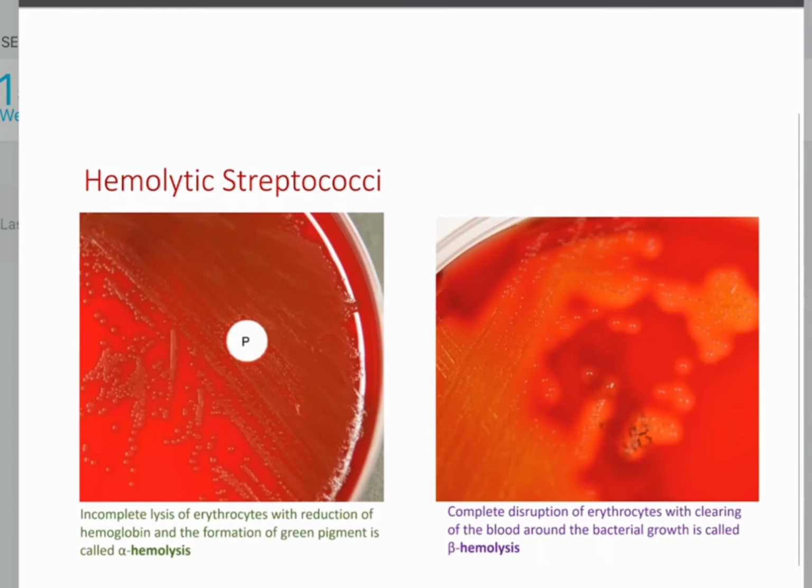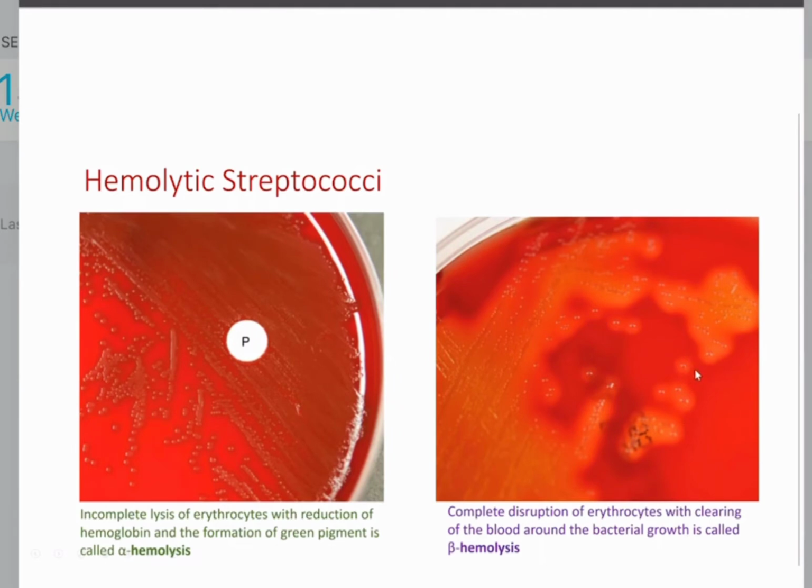So this is a picture which shows you two different kinds of plates. On the left side, you have colonies which have a greenish hue around the colony, and if you compare it with the right side, there is a colony which has a clearance around it. These are blood agar plates. So blood is being digested completely here on the right hand panel.